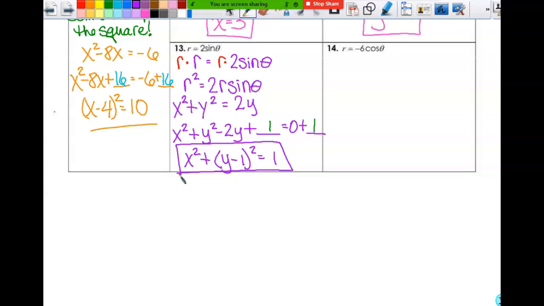All right, you do number 14. What am I going to have to do first on 14? Multiply both sides by r.